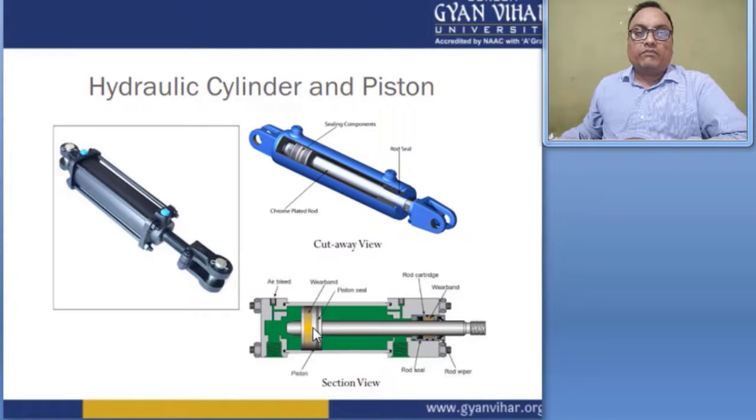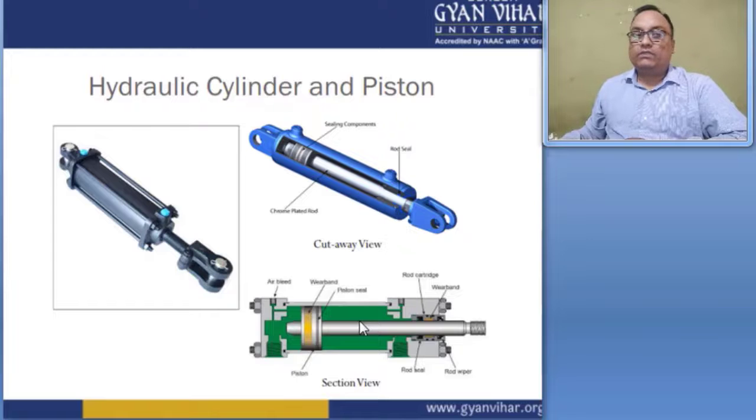In this one-way cylinder, a spring is attached at the other side. Here the spring is not present, so this is a two-way hydraulic cylinder. But these cylinders are only single acting units, because they perform work only in one direction, right?